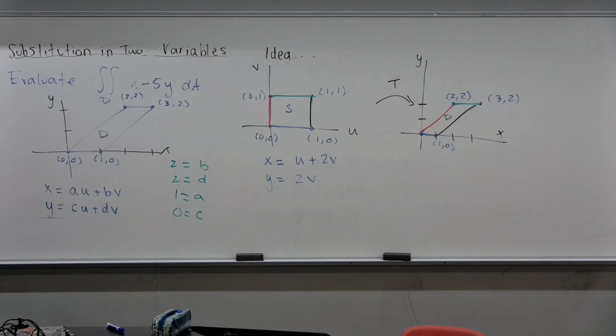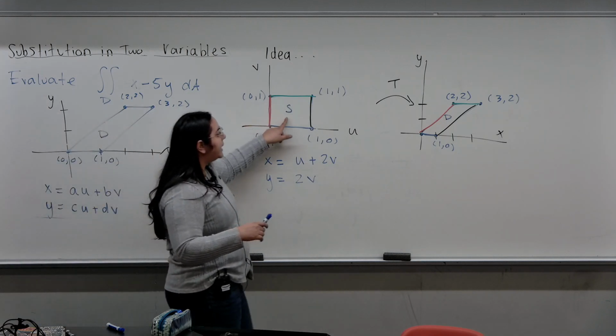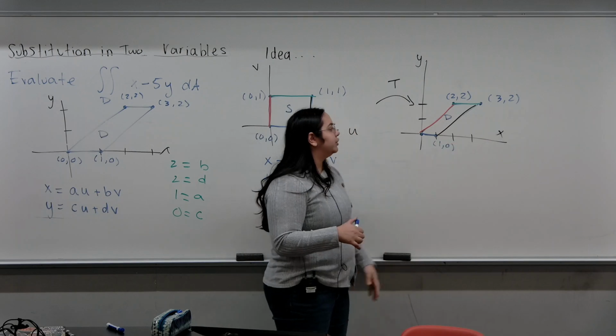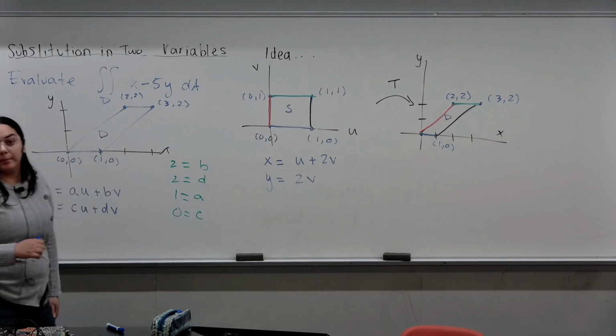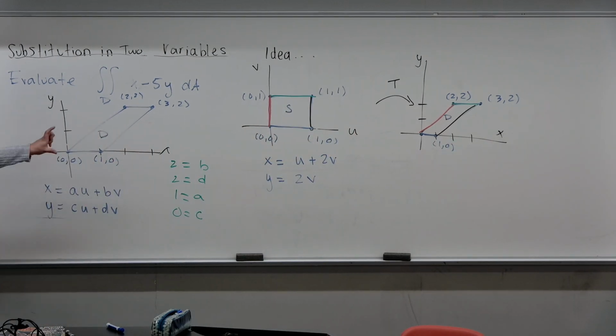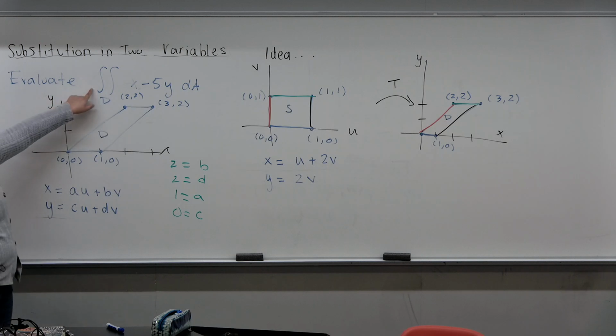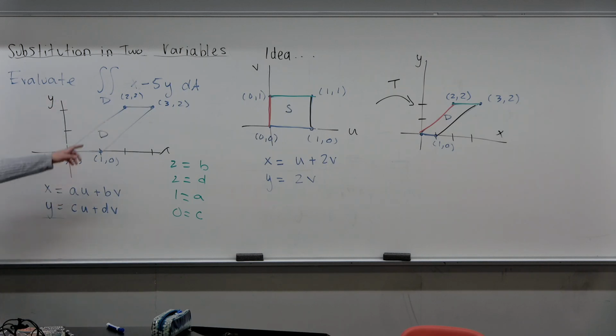So those are the equations from the linear transformation that maps region S in the uv plane to region D in the xy plane, right? So these two equations will give us the change of variables or the substitution that we'll require to actually evaluate this integral. Now there's a big question about what is dA.